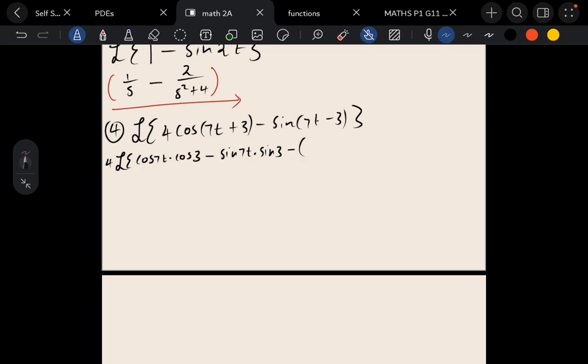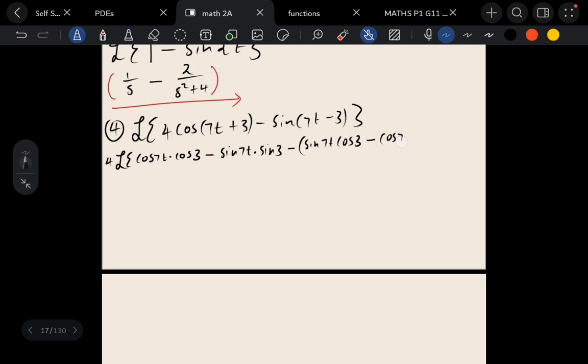What is the compound angle of sine minus? It's going to be sin 7t cos 3 minus cos 7t sin 3.